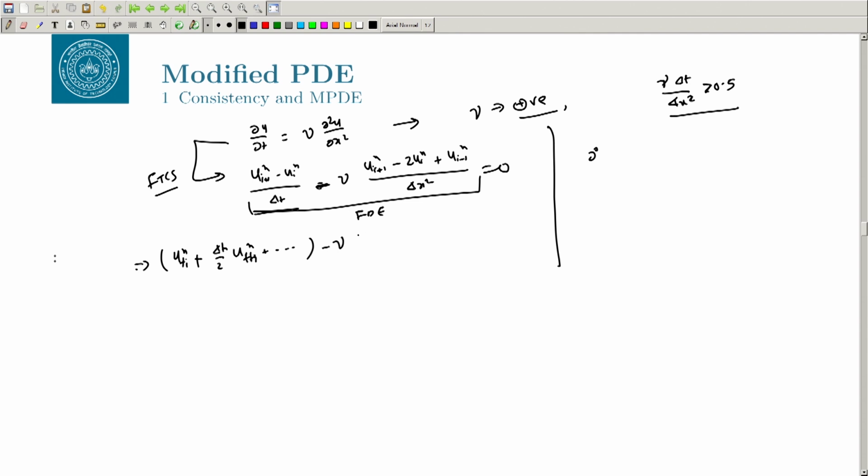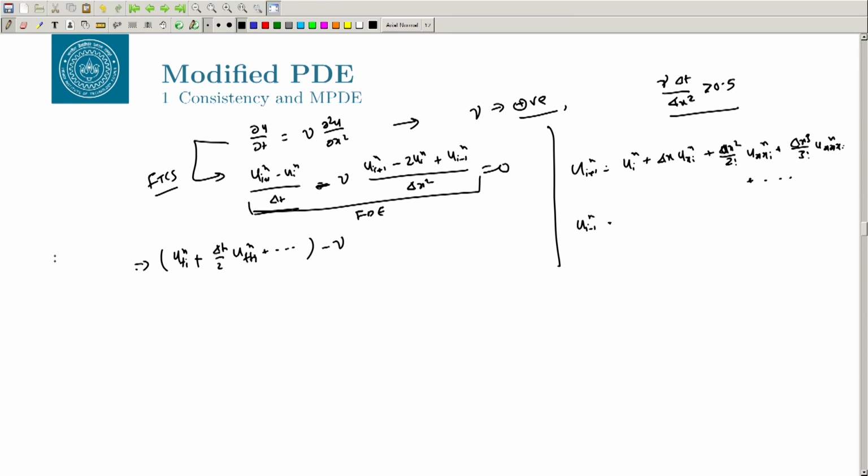And minus nu, and if you use this expression for u_(i+1) and u_(i-1), let me write it quickly. u_(i+1)^n is u_i^n plus delta x u_x plus delta x square by factorial 2 u_xx plus delta x cube by factorial 3 u_xxx, and so on and so forth.